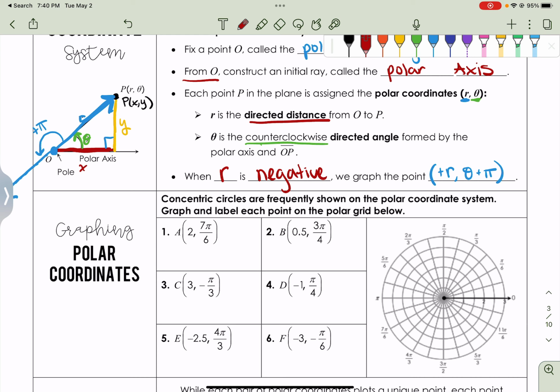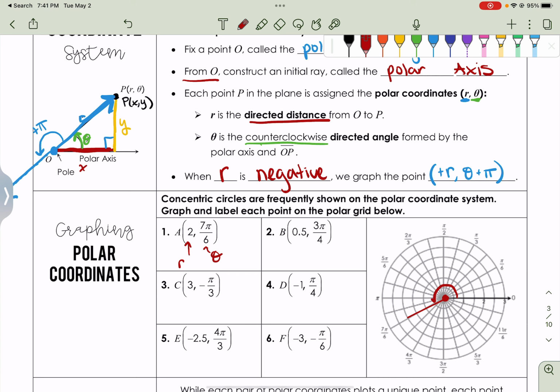For number 1, if we have positive 2, positive 7 pi over 6, that is my r, my radius, and this is my theta. So you can either think, let's go over 2 and then open to 7 pi over 6, which I know is a singular pi over 6 past pi.